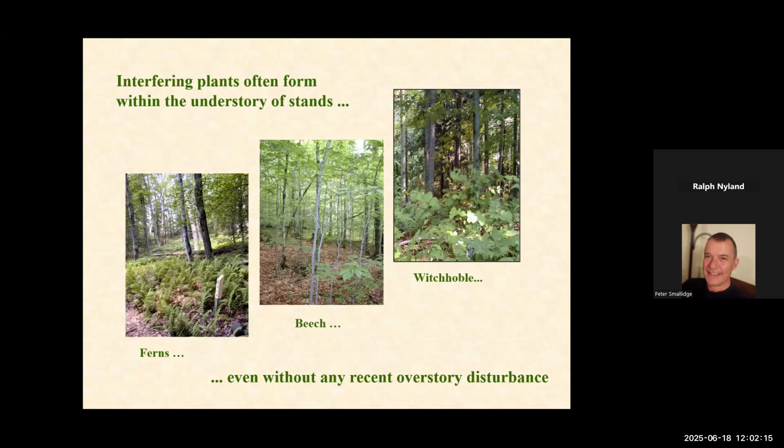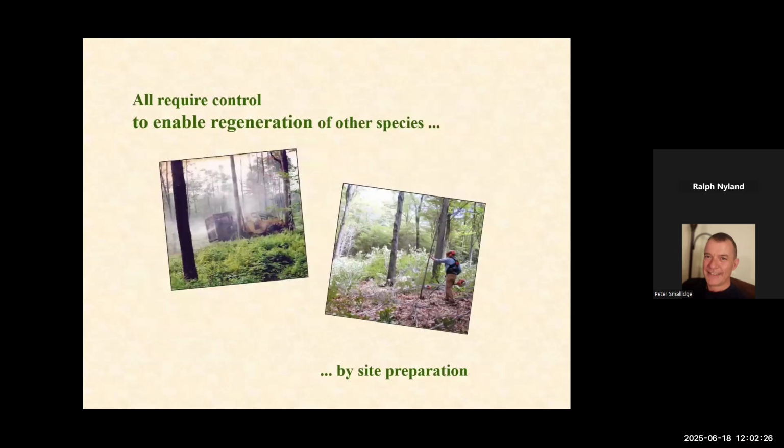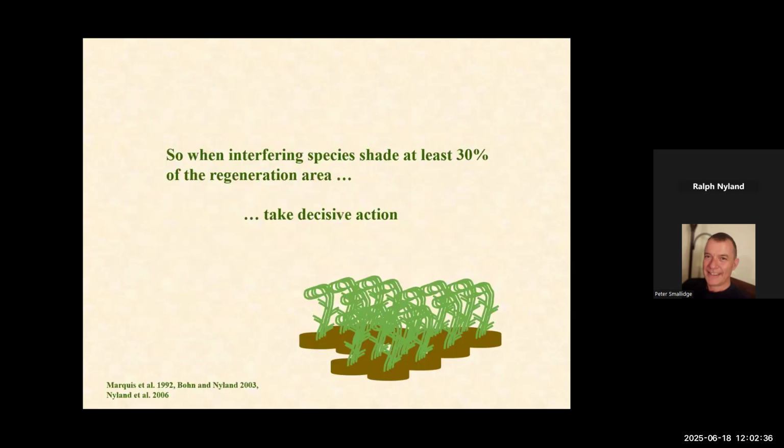These interfering plants, such as ferns, beech, and hobblebush, often form in the understory of stands, even without any overstory disturbance, and all require some control in order to enable regeneration of other species, and we do that by site preparation. So when interfering plants shade at least 30% of the regeneration area, take decisive action.